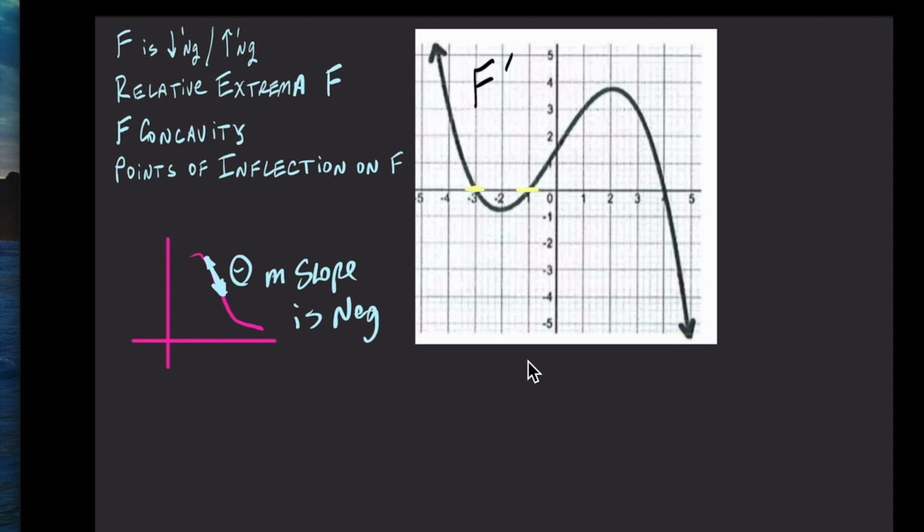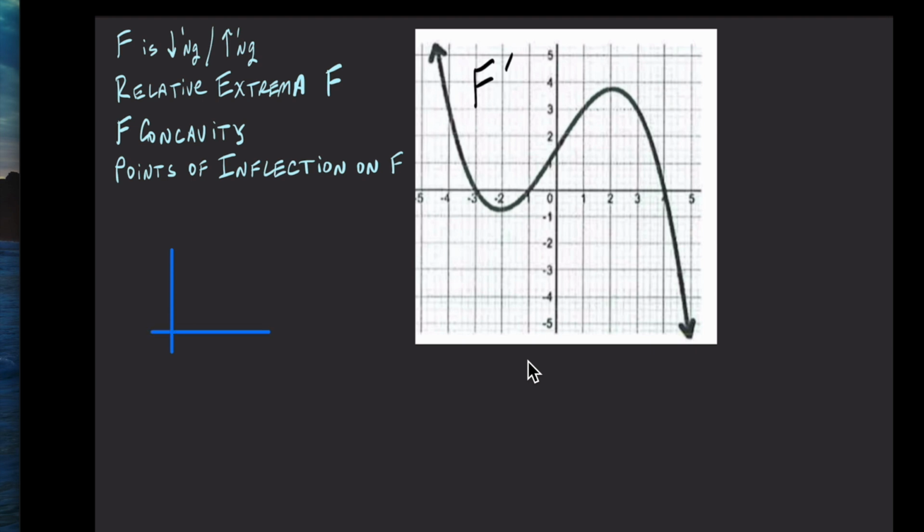Okay, conversely, we're going to look at where f is increasing. If f is increasing, then by definition, its slope has got to be positive. If the slope on f is positive, that's going to manifest as a y value on f prime that is positive.